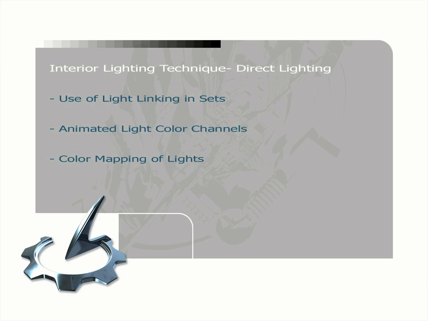So light linking is one method to alleviate that with direct lights. Animated light color channels will show an example of doing a firelight by animating the RGB channels. And then lastly, color mapping of lights by texture mapping the color channel is another great use for sets and environments for creative uses.